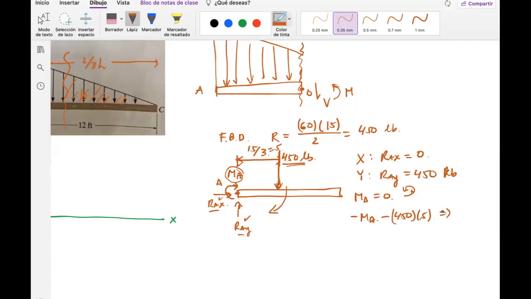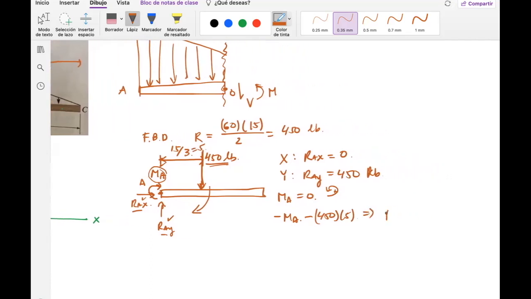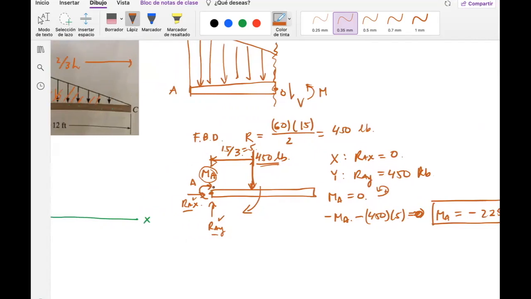So the sum of moments should be equal to 0, of course, and MA equals minus 2,250 pounds-feet. So now I know how much the moment applied at the wall needs to be.